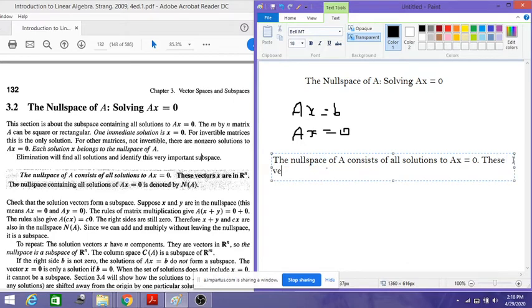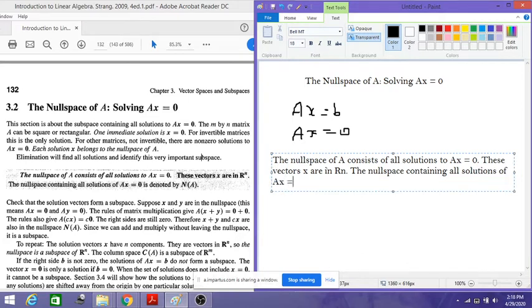So these vectors x are in R power n, and the null space containing all solutions of Ax equal to 0 is denoted by N of A.